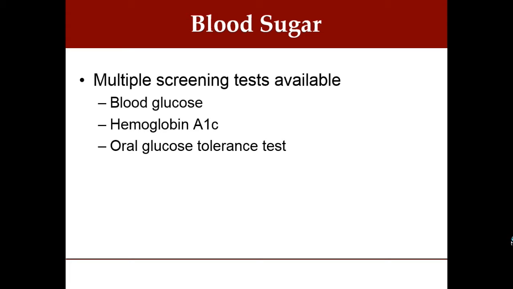So a test called the Hemoglobin A1C is a very common test that's used often now to diagnose diabetes as well. We'll go into that a little bit later too. Your doctor may also recommend an oral glucose tolerance test. This isn't used as much in recent days because it's a little bit more difficult to obtain.